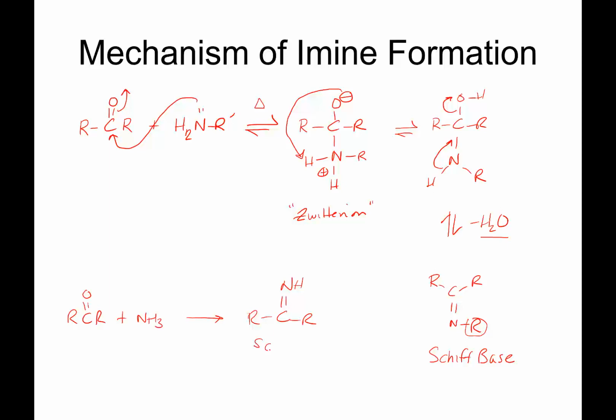So this is truly what you would call an imine, although we use that term interchangeably. So an imine comes from ammonia, and a Schiff base is just a normal run-of-the-mill molecule.